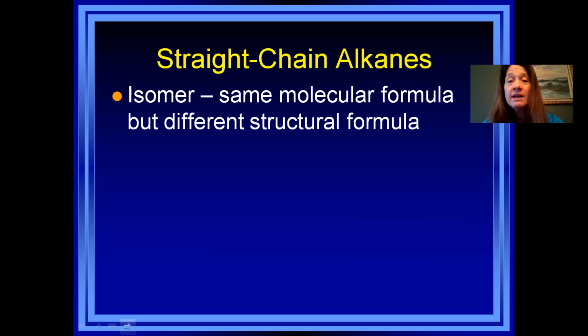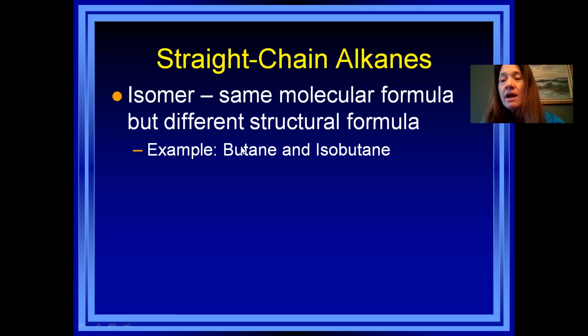Remember, it is a hydrocarbon that has the same molecular or chemical formula, but a different structural formula. And here was an example. And isomers only happen with alkanes, okay? That's single bonded. So here's an example, butane. And for your quiz, you do have to know the prefixes, okay?